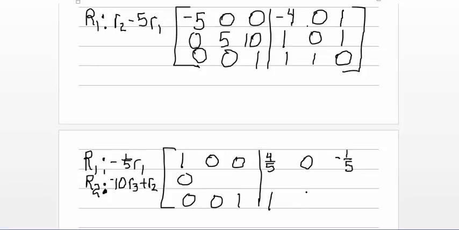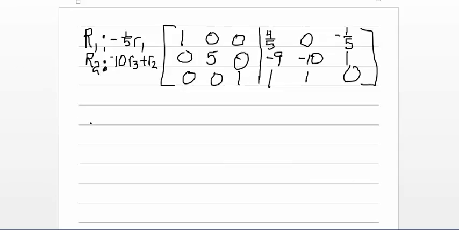All the other rows have the zeros where I need them, so I can then get the 1s. So I'm going to do negative 10 times row 3 plus row 2 of the previous matrix. And that allows me to get the 0 in row 2, column 3 that I need. And so now I have all the zeros.